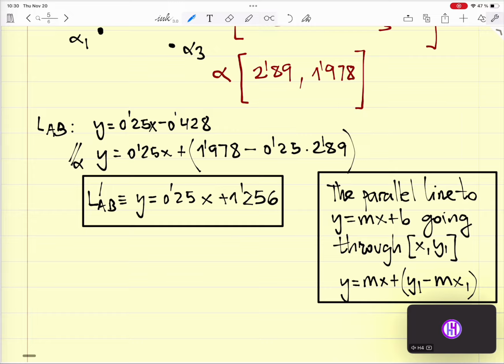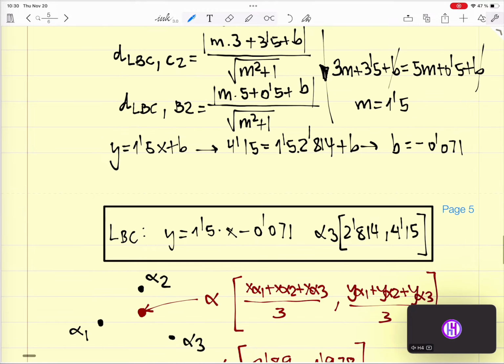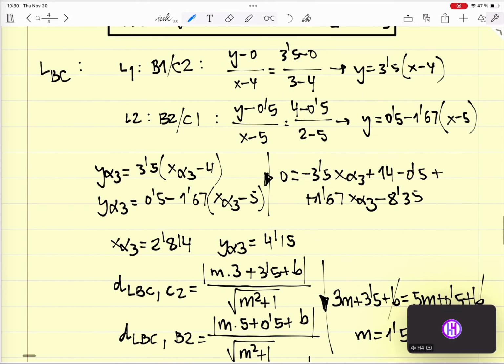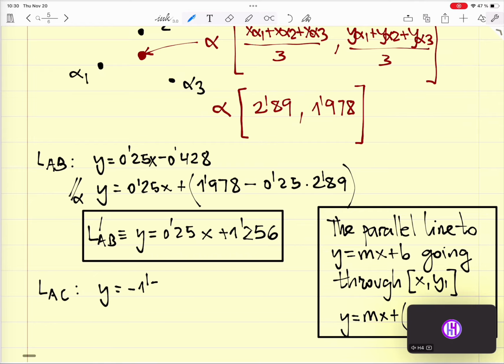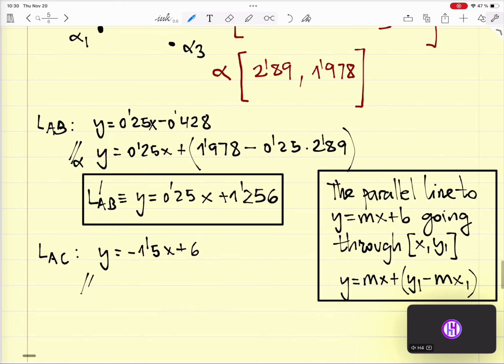The same thing we do with A and C. So y equal minus 1.5 x plus 6. So the parallel line to this going through alpha is y equal minus 1.5 x plus 1.978 plus 1.5 times 2.89.